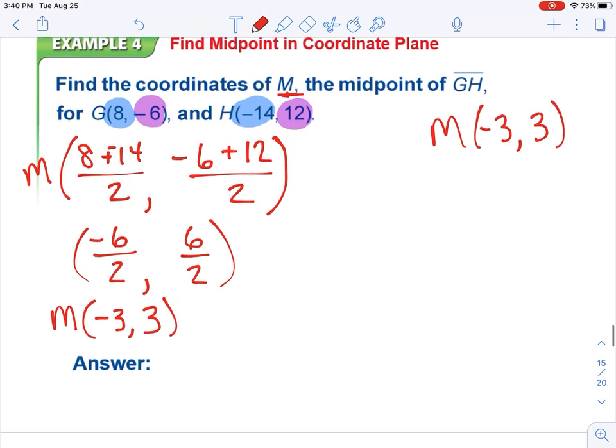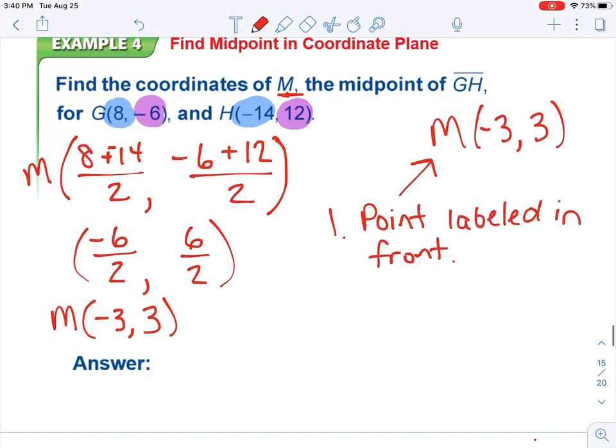Midpoints have the point labeled in front of them. Coordinates can be negative.